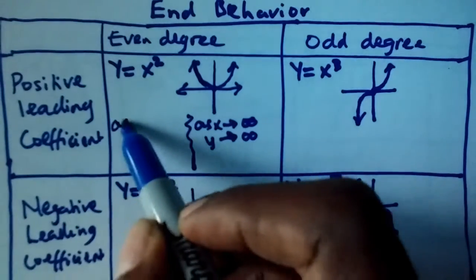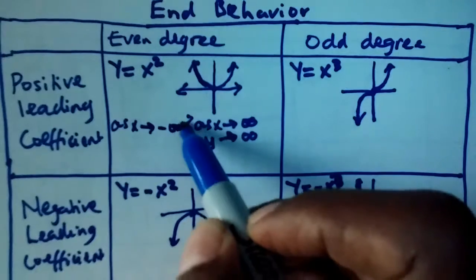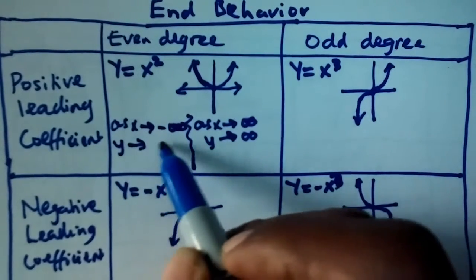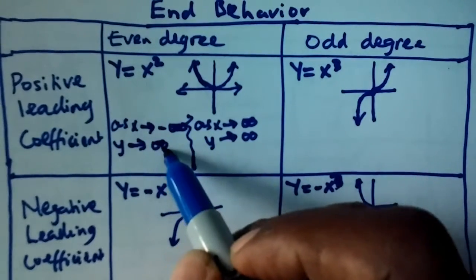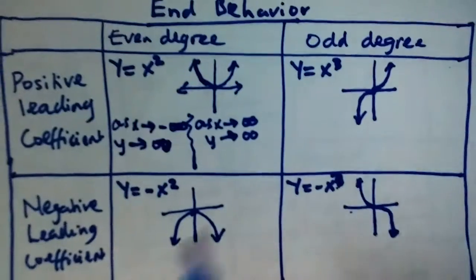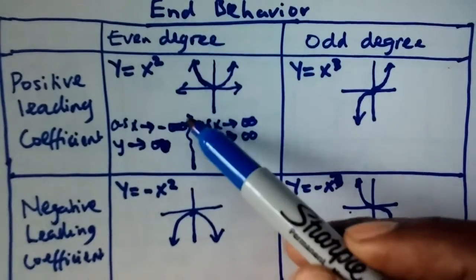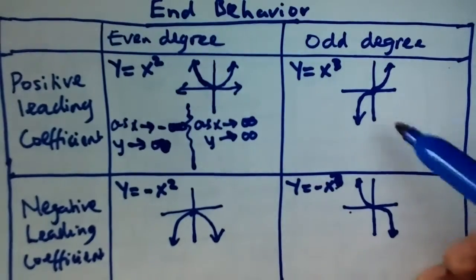So as x goes toward negative infinity, y also approaches infinity. My infinity is not quite good, but that's good enough. All right, so that's the left side and the right side of this graph. Okay, let's go to this one.